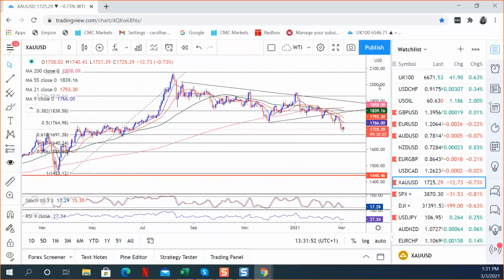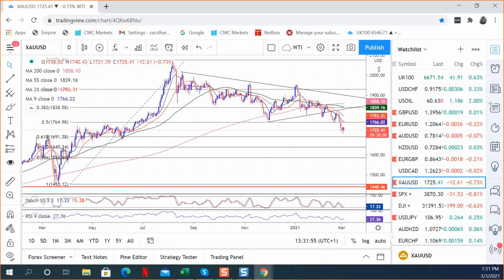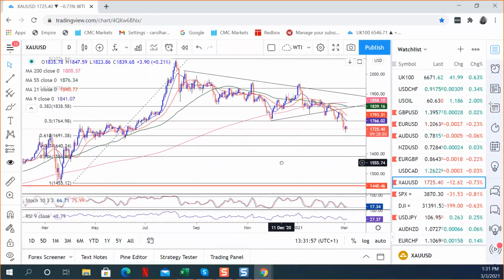Now, that is a magical level. Markets do retrace 61.8, not normally when they're trending, but they do. And if you understand that they will head for a significant next level, you're halfway there. You really are halfway there.